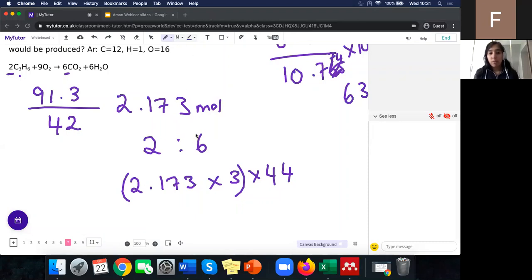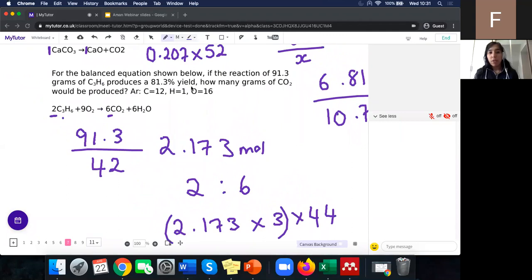So what's the maximum mass? So people are saying 6.52. So yep, that's the number of moles of carbon dioxide. What's the mass? Okay, great, 286.836. Excellent.